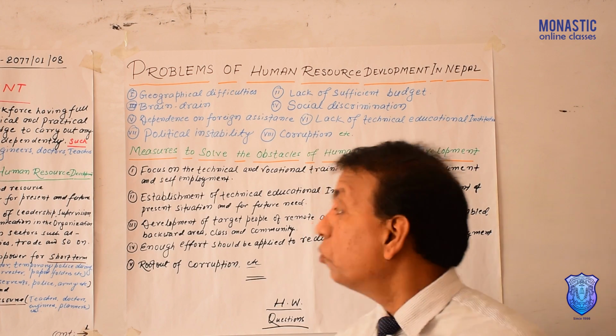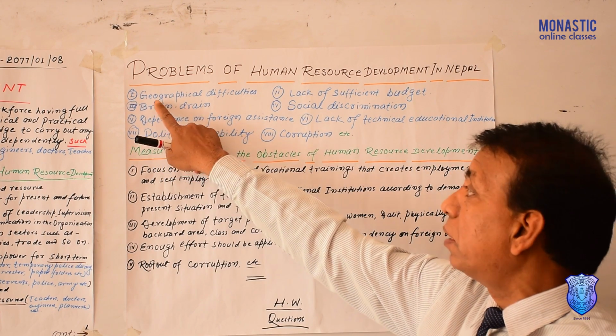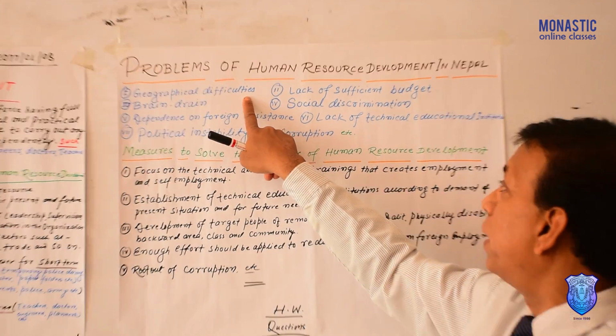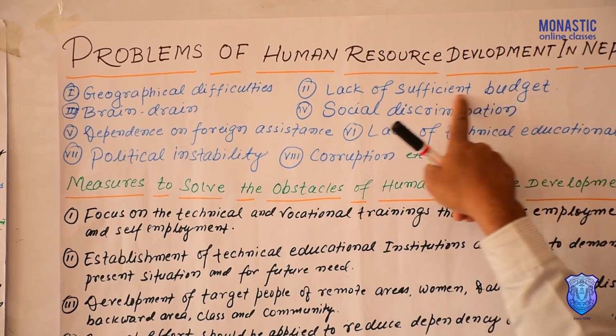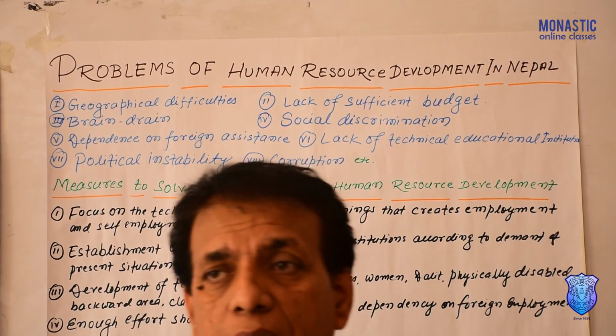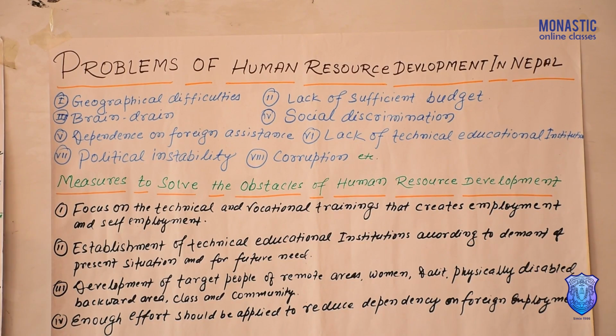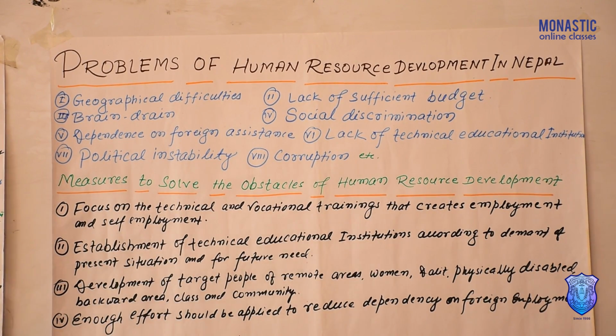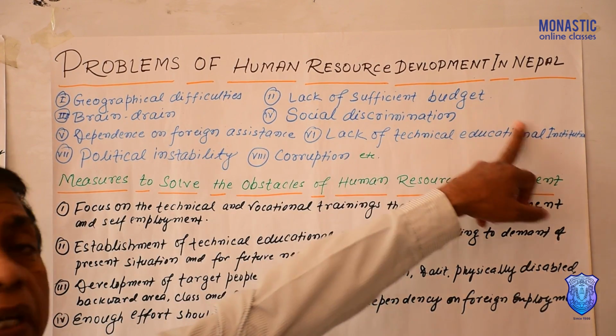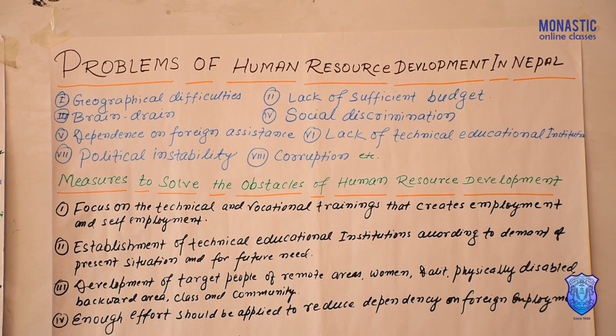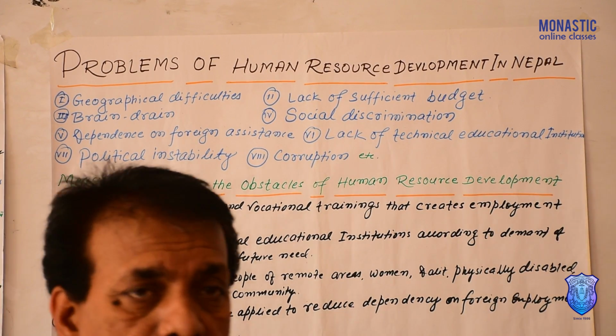This is one point, you can note this down. What is the point here? Geographical difficulties. Lack of sufficient budget. Why has human resource in our country not been developed? The reason is lack of sufficient budget. Our country, Nepal, is a poor country.